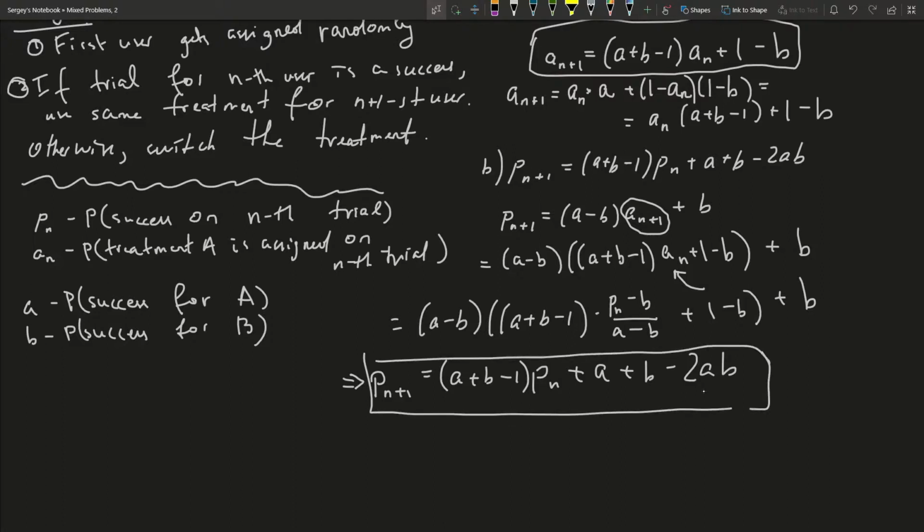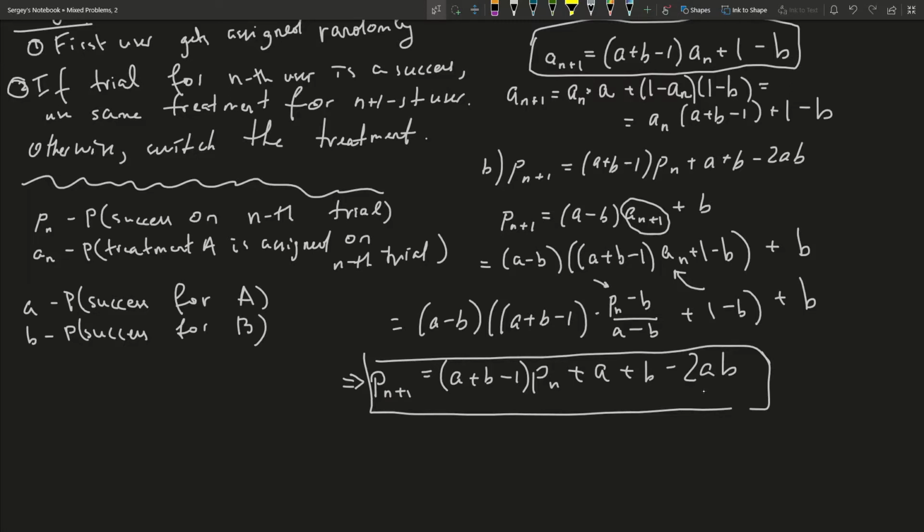And so again, we substituted expressions into one another until we had p sub n plus 1 on the left and we had this p sub n on the right. So we had an expression that showed a relationship between p sub n plus 1 and p sub n, and at that point we were ready to distribute and simplify these expressions, and after that simplification we got our desired result.